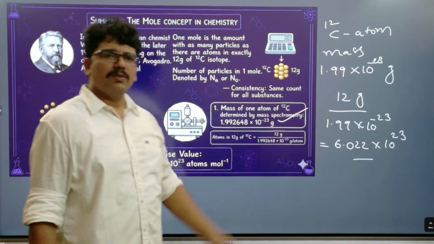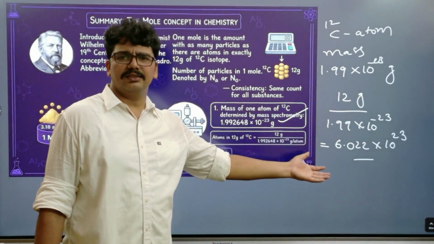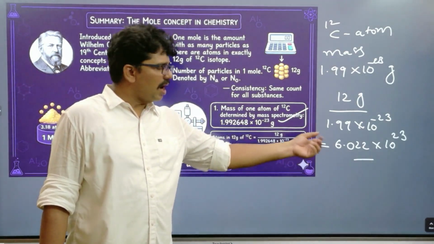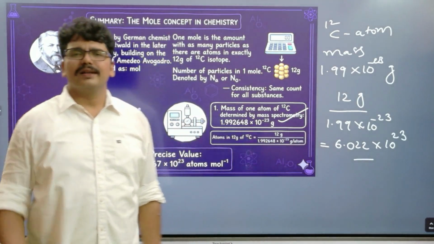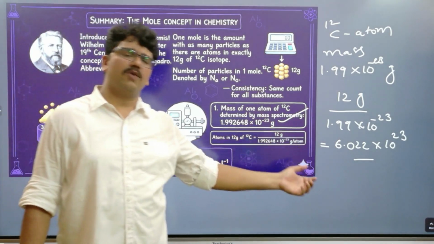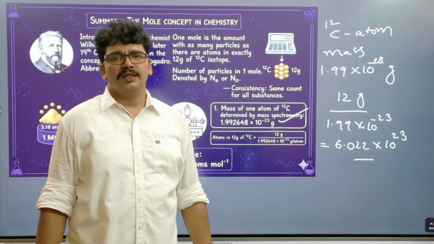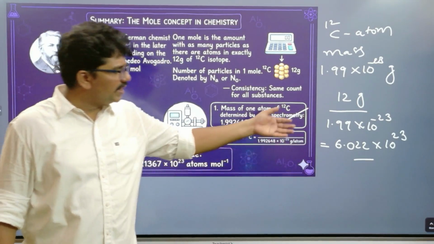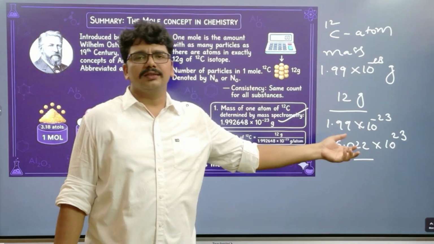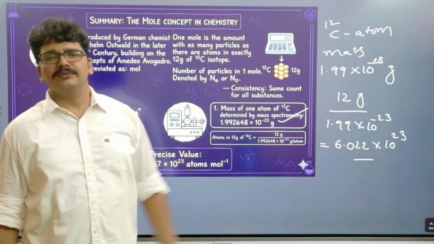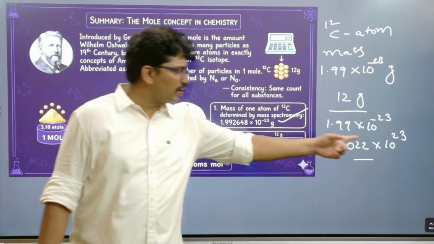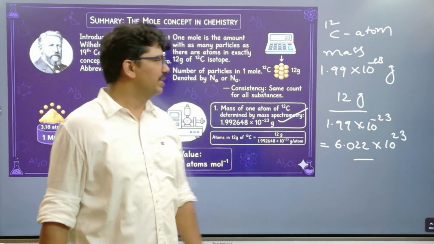So, not only for carbon 12, so already we discussed. Ammonia molecular mass 17. 17 by mass of one molecule, you will get Avogadro. Hydrogen molecular weight is 2. Divide hydrogen mass with one molecule hydrogen mass, that is Avogadro number 6.022 into 10 power 23.